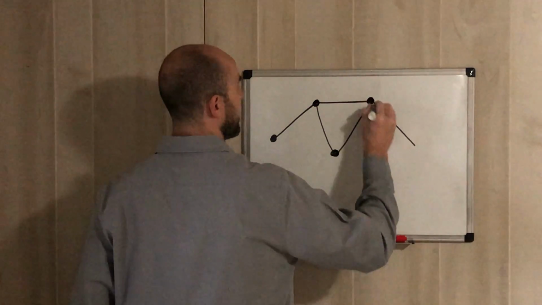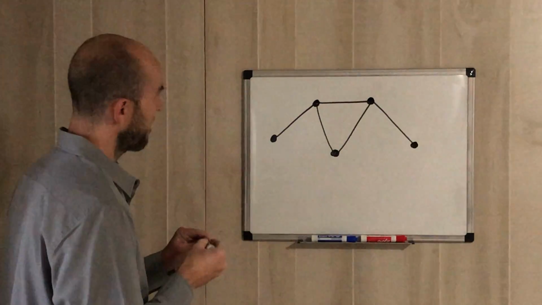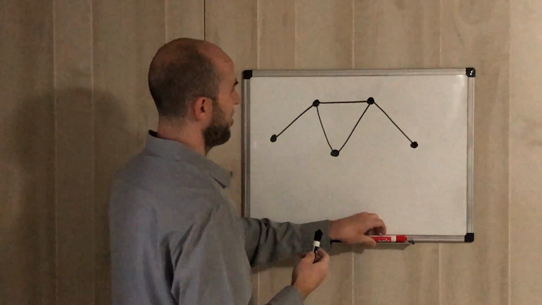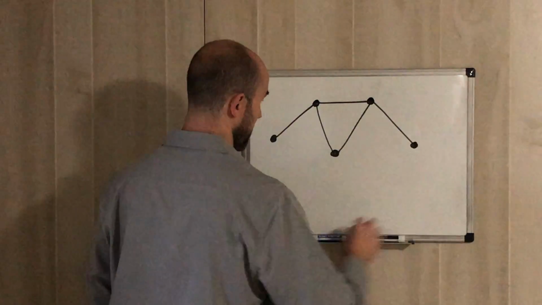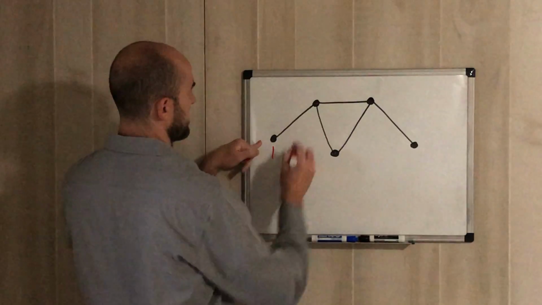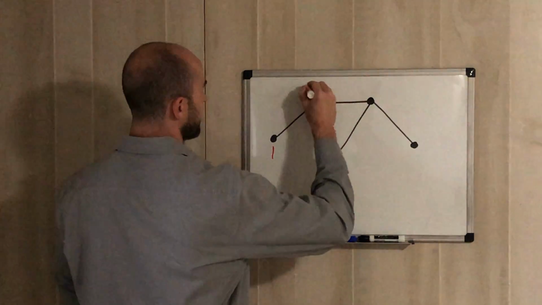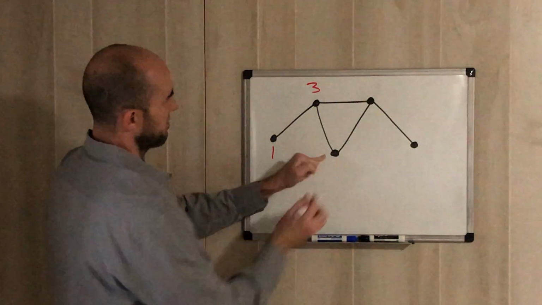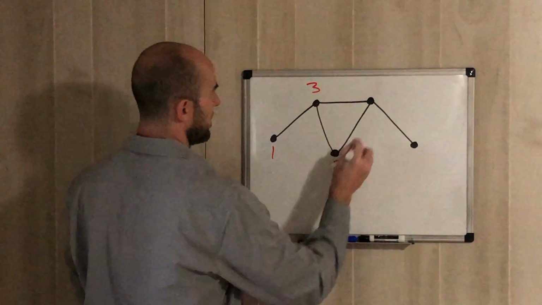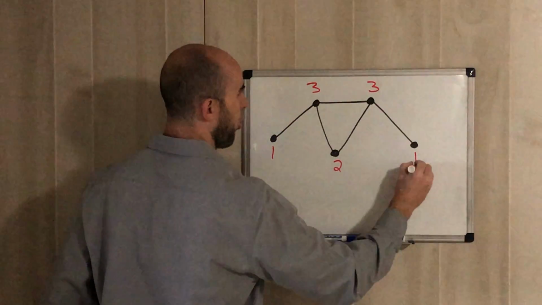Say we have this, and we want to figure out if this is an Euler path, an Euler circuit, or neither. We know that this one here is 1, because it connects there. We know that this one here is 1, 2, 3. That's 3. We know that this one here is 2, 2. We know that that's 1, 2, 3. And we know that that's 1.